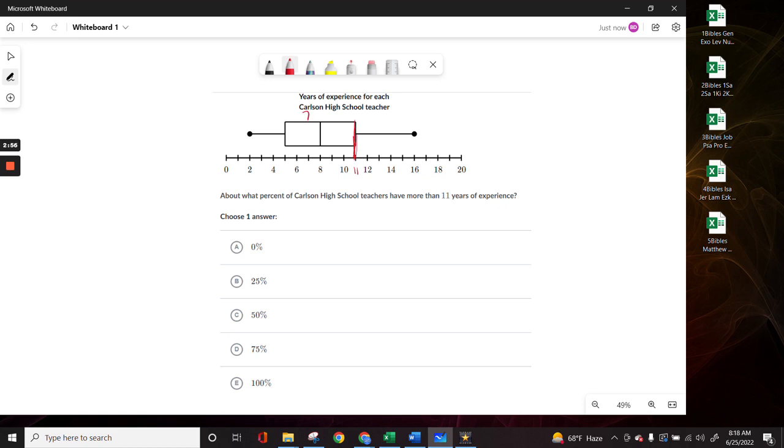So this will be 75% fewer than or less than, or 25% more than. So depending on the question, it's going to be either 75% less than 11 or 25% more than 11. So let's see what it says. What percent of high school teachers have more than 11 years experience? That'll be 25%.